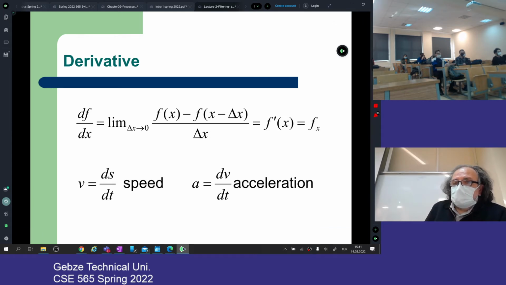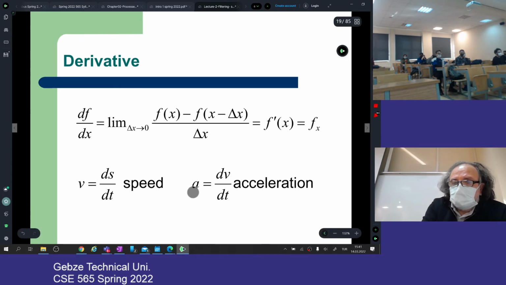If this function f is the distance covered by an object with respect to time, take the derivative with respect to t, you will get speed, and take one more, you would get acceleration. We are not going to do much about speed and acceleration.